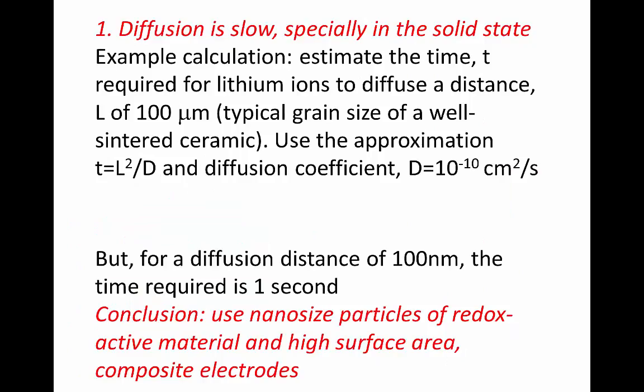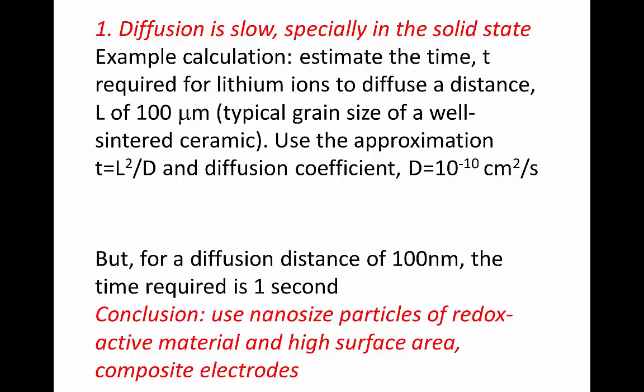So to treat these four problems, first of all, diffusion is slow, especially in the solid state. And let's do a simple calculation to illustrate this. We can estimate the time that is required for a lithium ion to diffuse a certain distance if we know the diffusion coefficient of lithium ions in the solid.